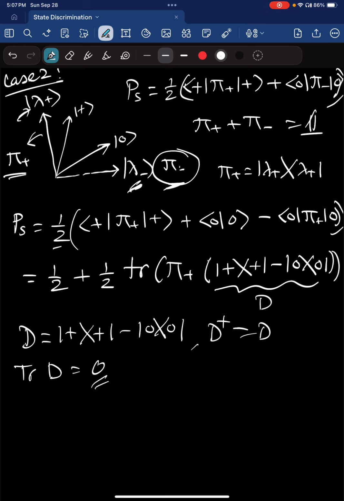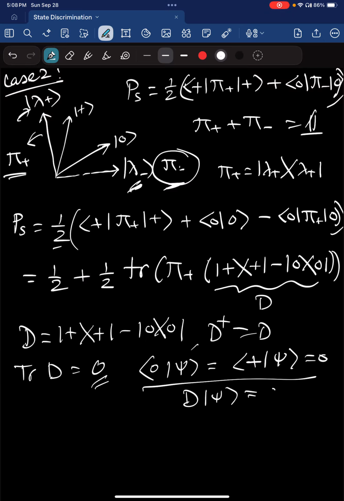And you can also take another thing, like let's say there is a vector phi, which is let's say orthogonal to both zero and the state plus. Okay, let's say it's orthogonal to both, and you can easily show that the phi expectation is zero as well. So that means, since the trace is zero and this is Hermitian, the eigenvalues can be positive or negative.